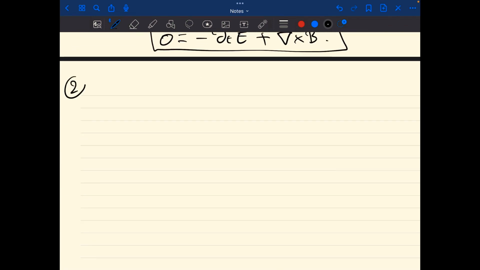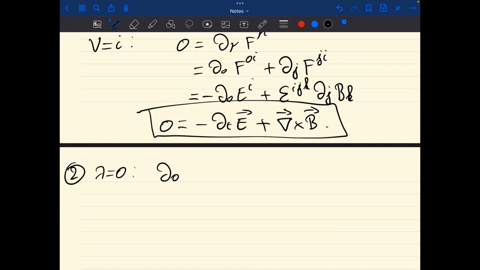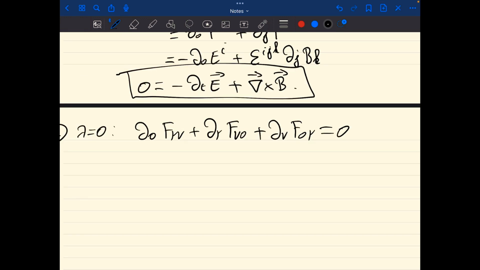I get ∂_0 F_{μν}, and then you remember it was just a cyclic permutation of the indexes, so plus ∂_μ F_{ν0} plus ∂_ν F_{0μ} equals 0. If μ or ν are equal to 0, then these two terms will be equal to 0, so all the terms will be equal to 0.